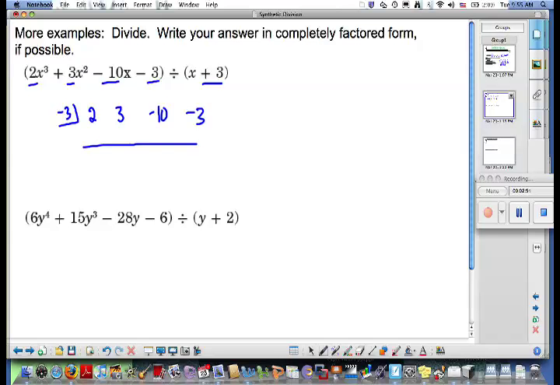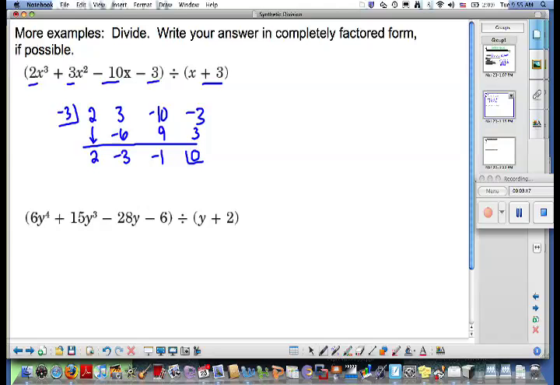So we bring down the first term. Then we multiply. -3 times 2 is -6. 3 plus -6 is -3. -3 times -3 is 9. -10 plus 9 is -1. -3 times -1 is 3. -3 plus 3 is 0.